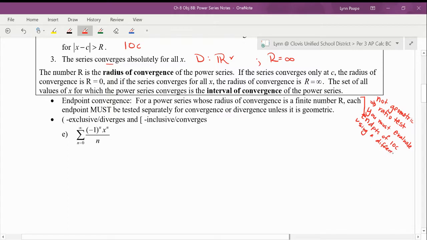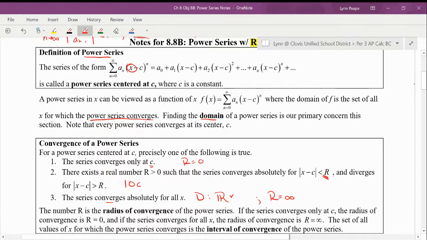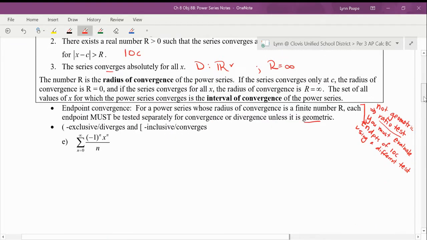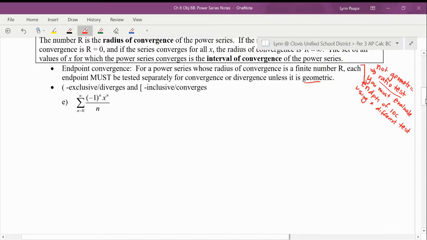So the ratio test won't work when we're at the ends of our radius. If it is geometric, you do not need to test the endpoints. If it's the ratio test, then you have to test the endpoints. And why is that? Because when you are at that equals 1 component, the ratio test is inconclusive.